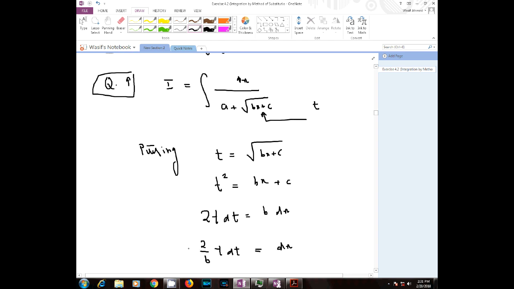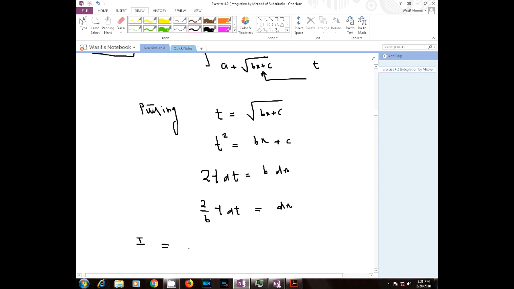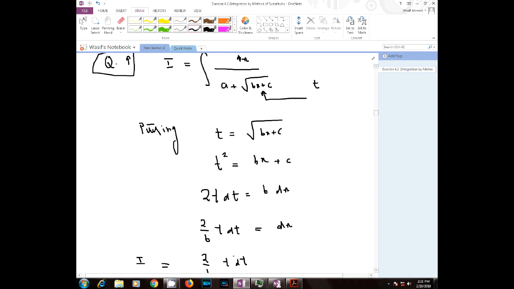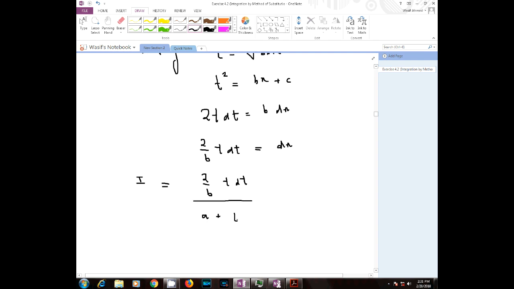Now put back into the given integral. Your integral will become I is equal to, instead of dx you would write 2 divided by b t dt, and divided by a plus, in the square root bx plus c is replaced with t.